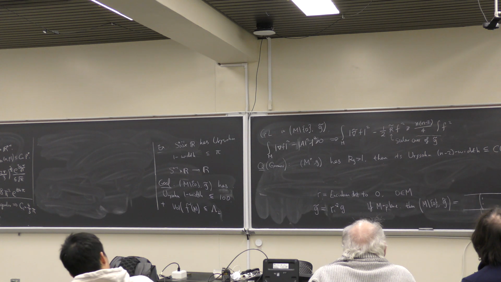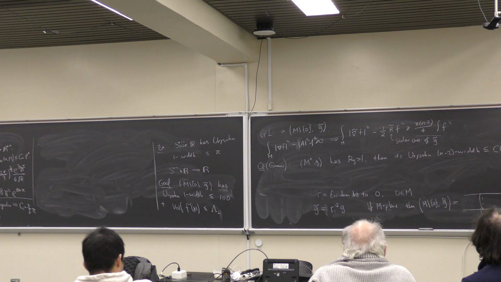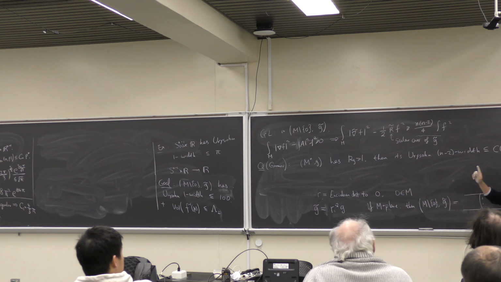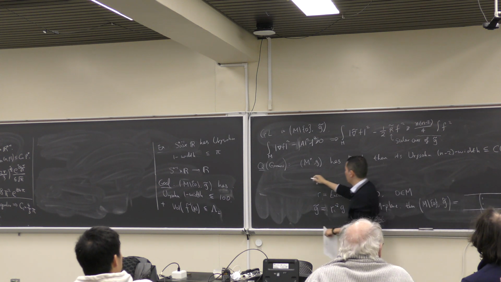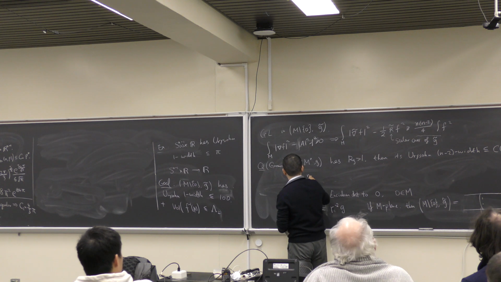Namely, microscopically, it looks like an (n minus 2)-dimensional simplex. So when n is 3, this is exactly what we need, and this is true when n is 3.